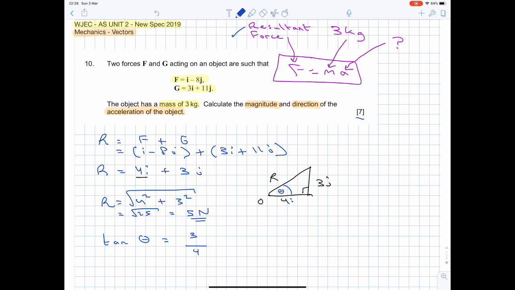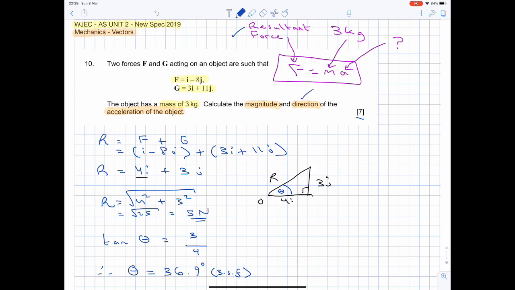Therefore, theta would be the inverse tan of 3/4, which leads us to an angle of 36.9 degrees to 3 significant figures. We have now found the direction of the acceleration of the object.